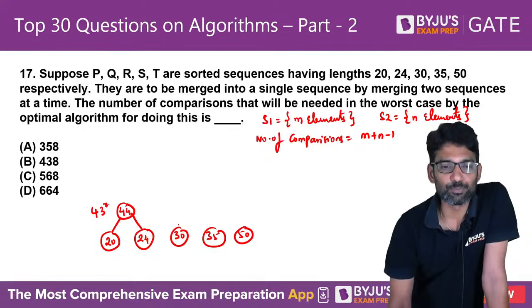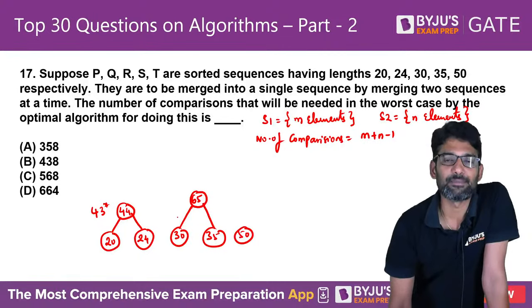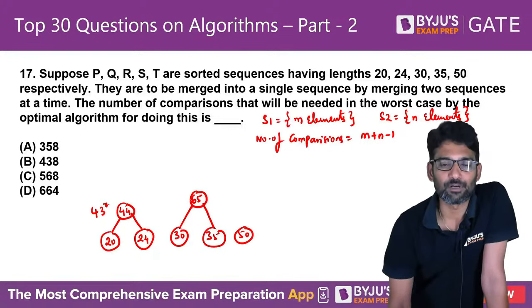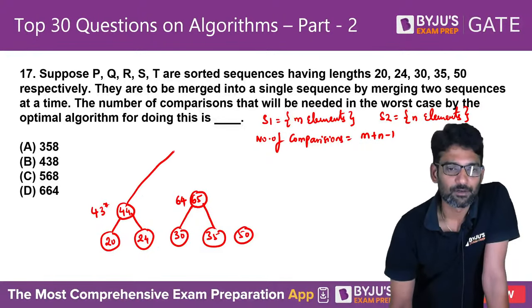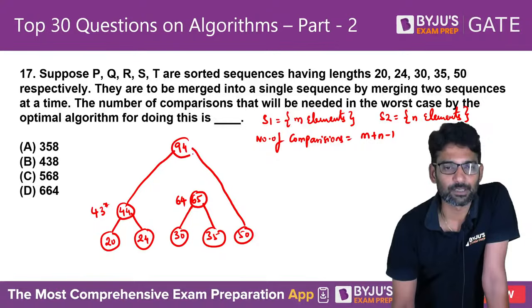The next two minimum are 30 and 35. When you merge these two, you will get 65 elements list, but the number of comparisons would be 64. The next two minimum are 44 and 50. So, you will get 94 elements total, but the number of comparisons would be 93.